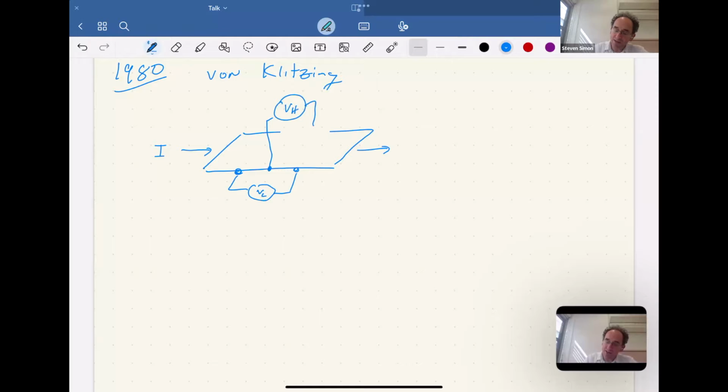And this was all at very low temperature, less than 1 Kelvin, and in high magnetic field, B.